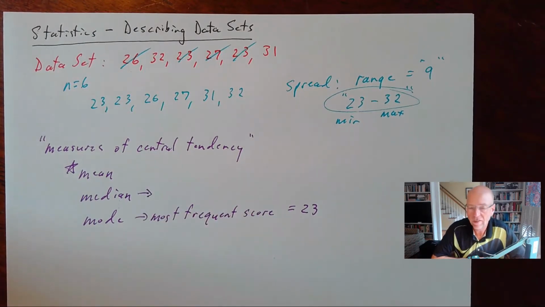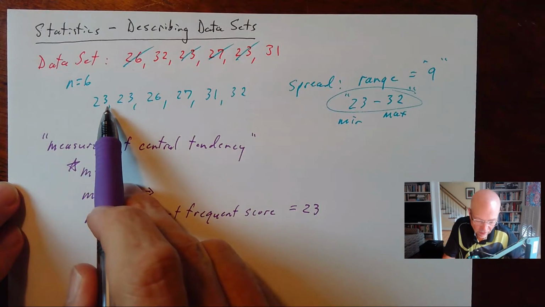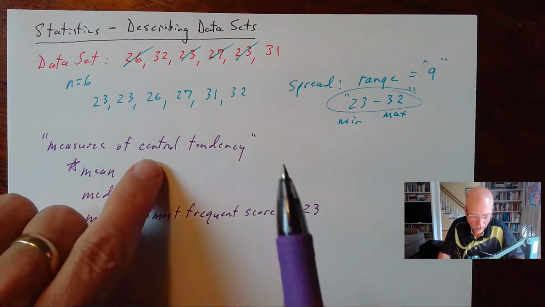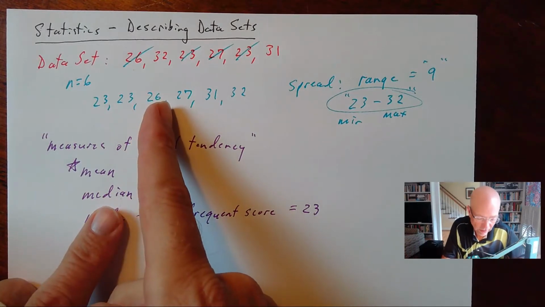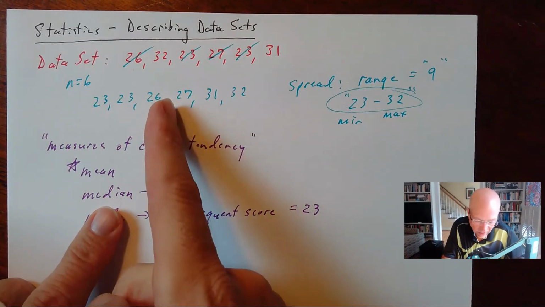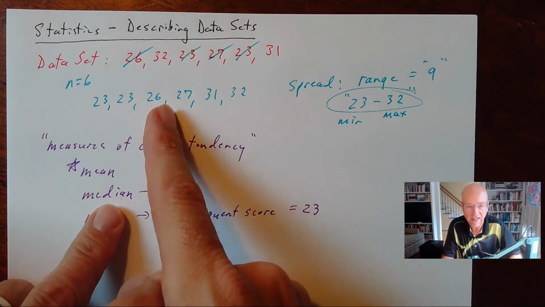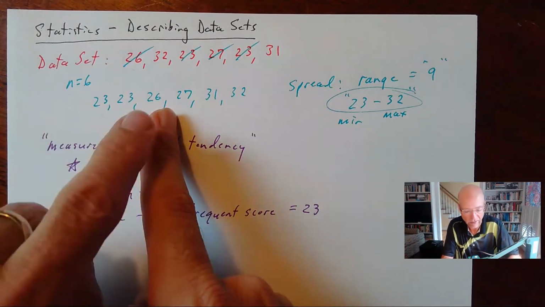The median of a data set is you first put the data set in order from least to greatest. We've already done that. And then you find the dead middle of the data set. So in this case, I've got 6 scores. If I go 1, 2, 3, and then 1, 2, 3, right in there, between this 26 and 27, cuts the data set into the bottom half and the top half.